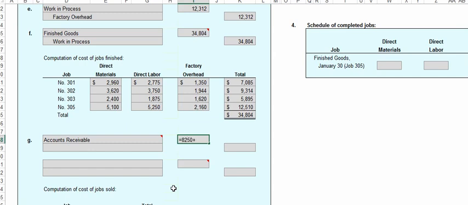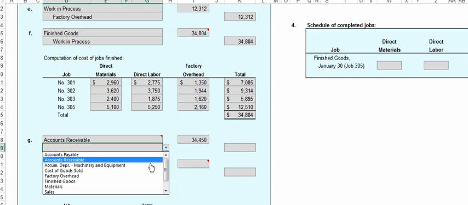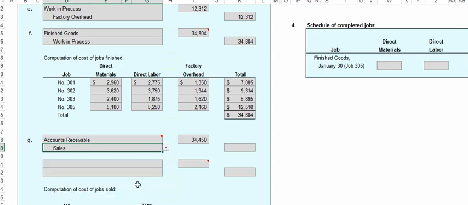On 302 was $11,200. And on 303 was $15,000. Okay. For that same amount, we're going to credit sales for the total of the sales prices, which we have here, $34,450.